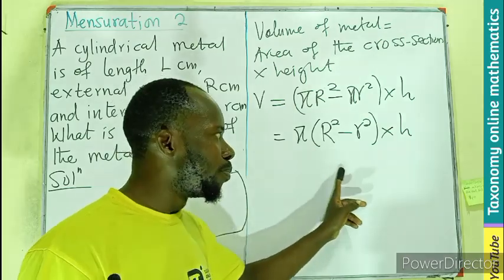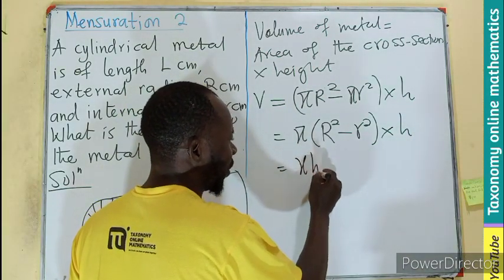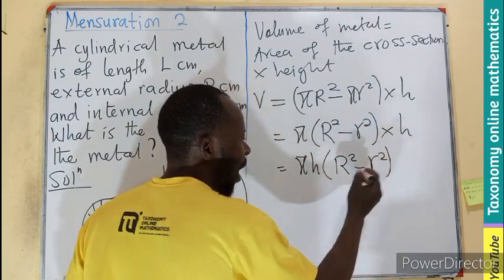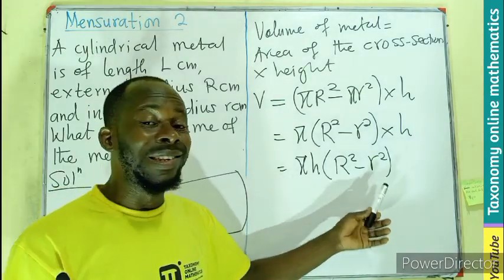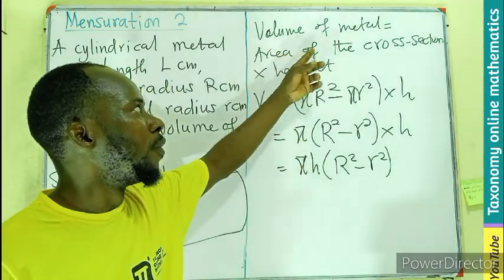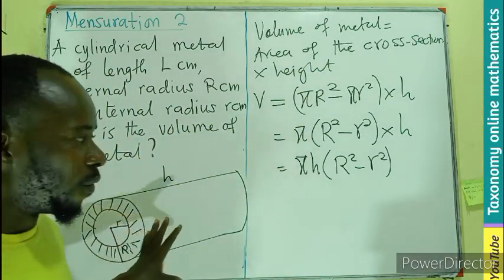So we can now bring the pi out to make it pi h times R squared minus small r squared. So this will be the simplified version of the formula that can be used to find the volume of metal of this cylinder. I guess you follow it.